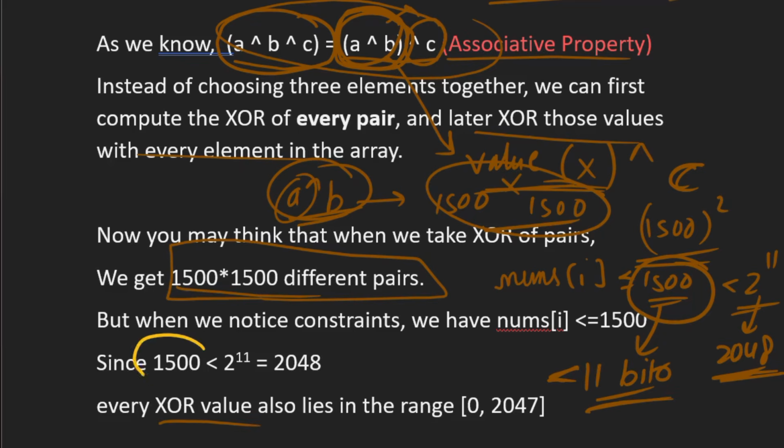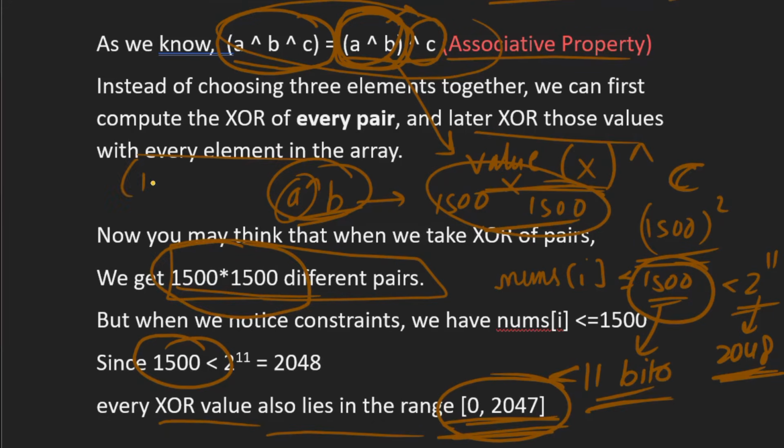So the possible XOR values as per the constraints are from 0 to 2047. So instead of getting 1500 squared XOR values, we will be getting only 2048 possible XOR values.